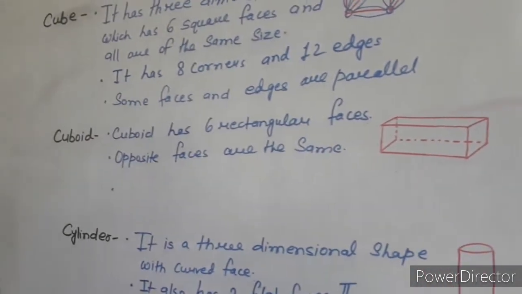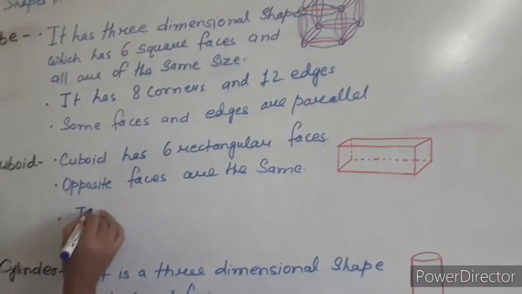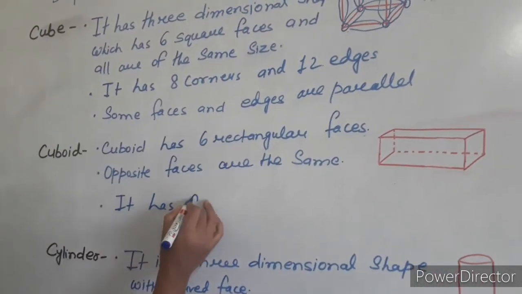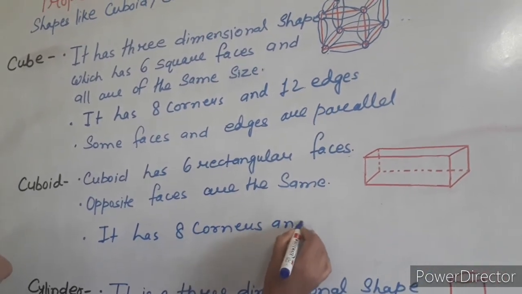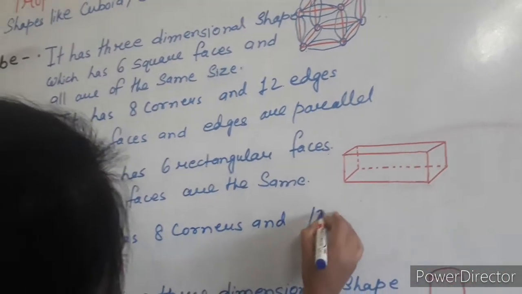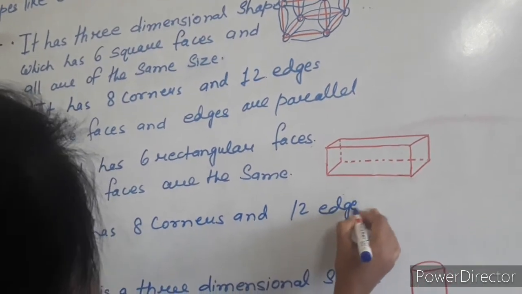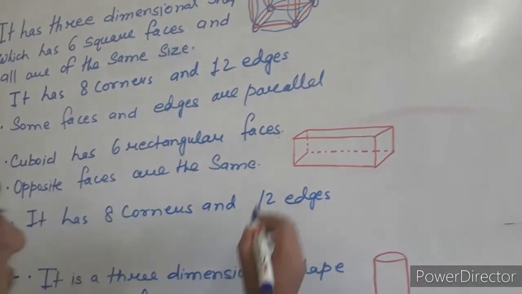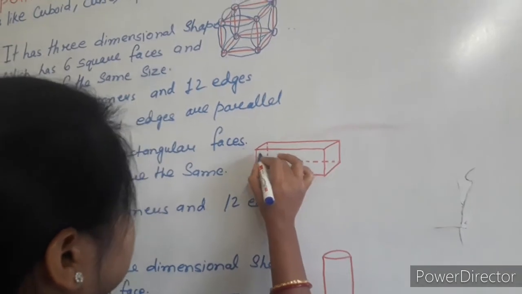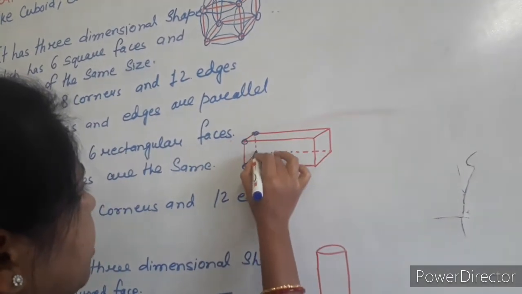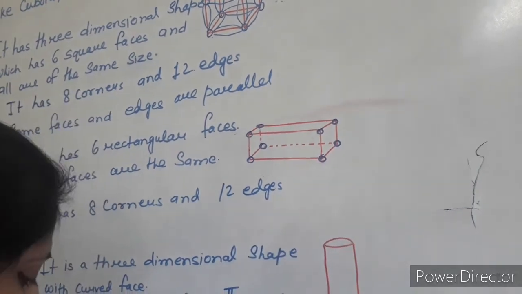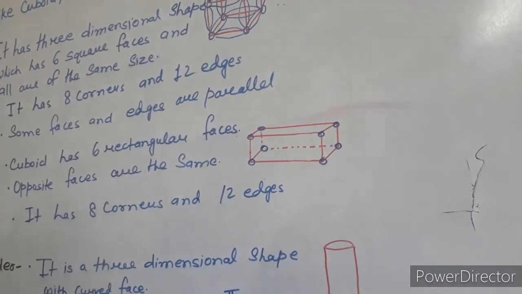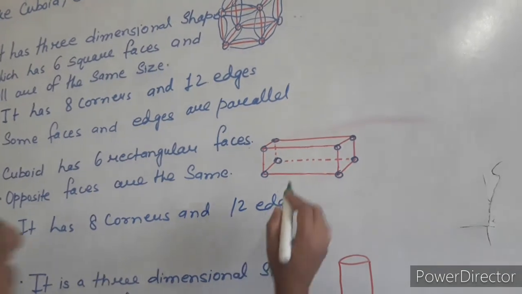Then the next point is that it has 8 corners and 12 edges. To see, 1, 2, 3, 4, 5, 6, 7, 8. These all are corners and 12 edges.